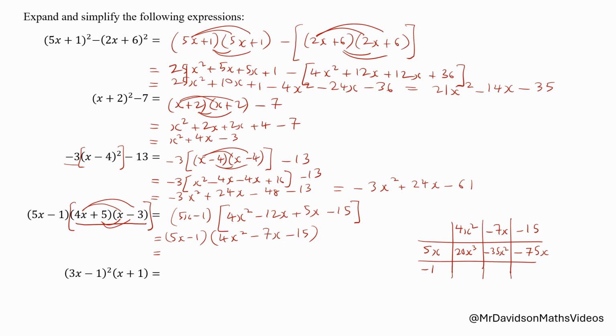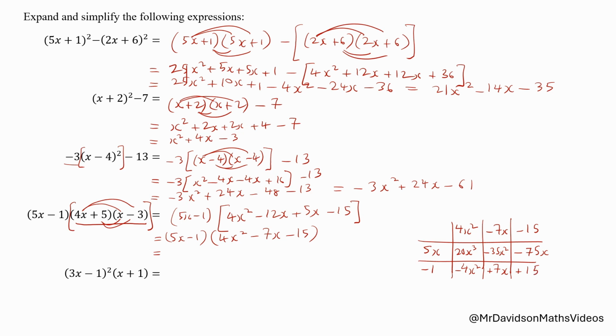4x squared times minus 1 gives me minus 4x squared. Minus 1 times minus 7x is plus 7x. And minus 1 times minus 15 is plus 15.